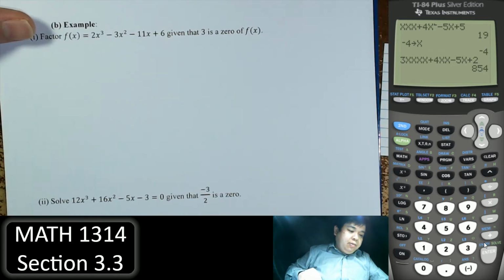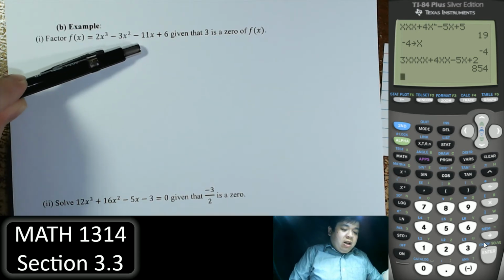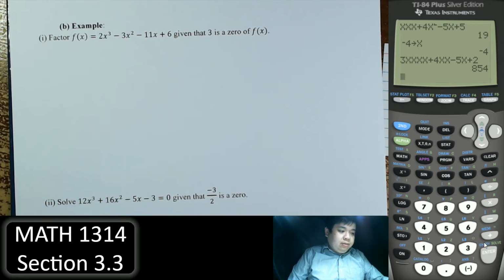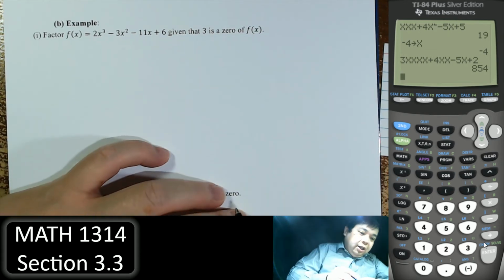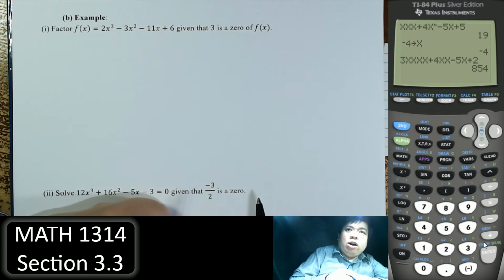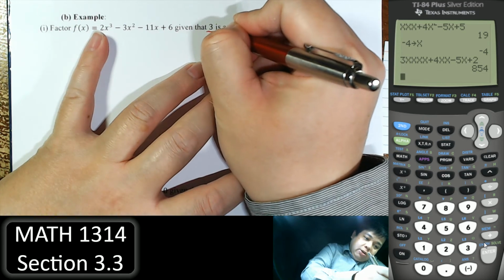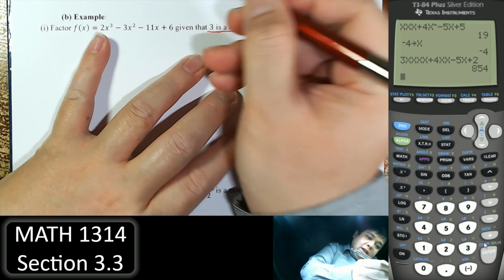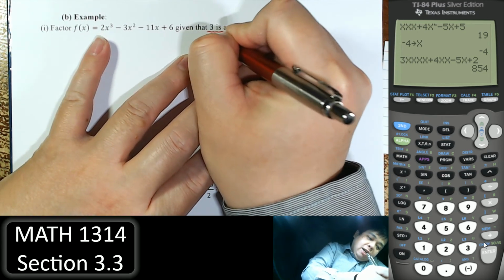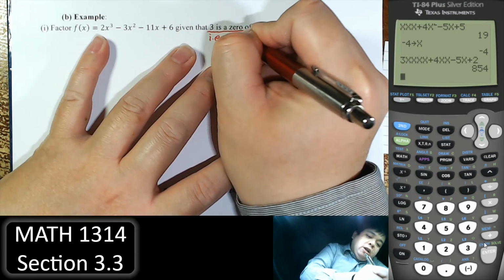Right, next. Factor 2x cubed minus 3x squared minus 11x plus 6, given that 3 is a 0 of f of x. What does that mean? 3 is a 0 of f of x, meaning that when we substitute, f of 3 is equal to 0.